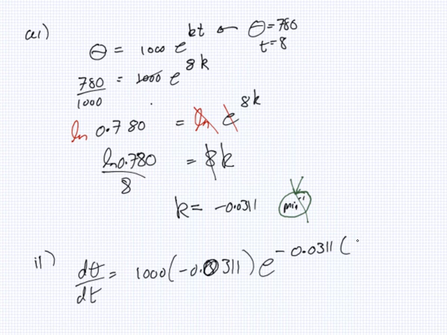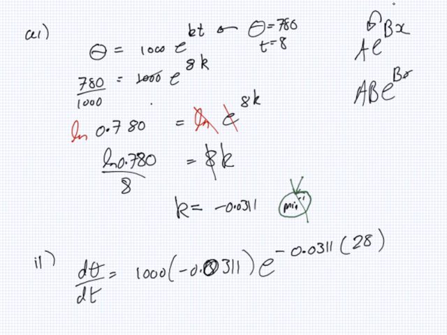And the time is 28. You remember the derivative of A e^(bx) is A b e^(bx), the b just comes down. So this of course would be in degrees per minute.